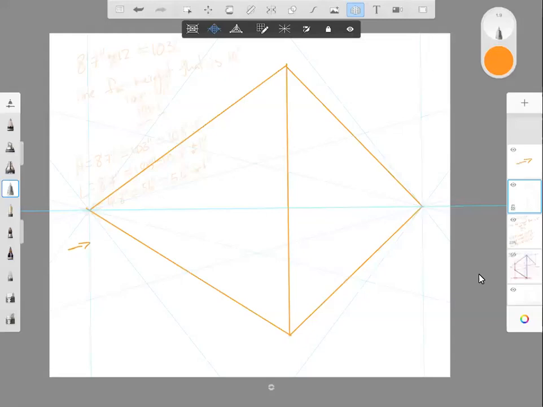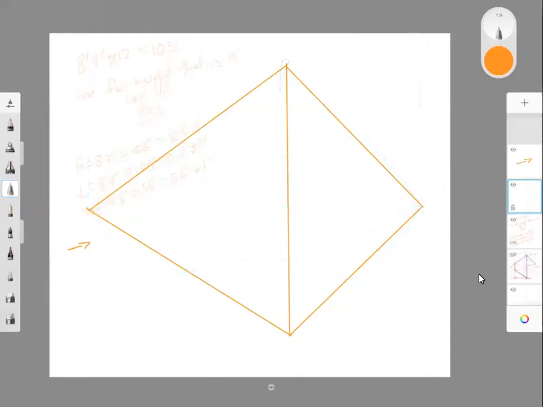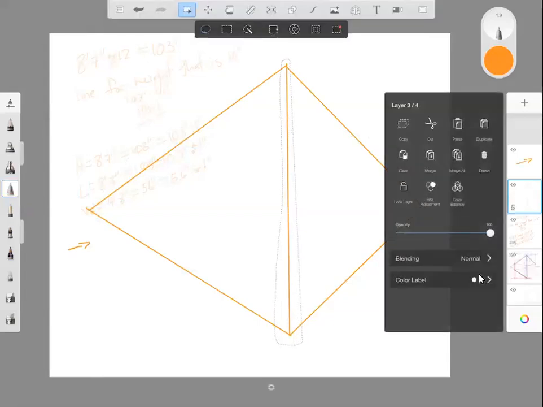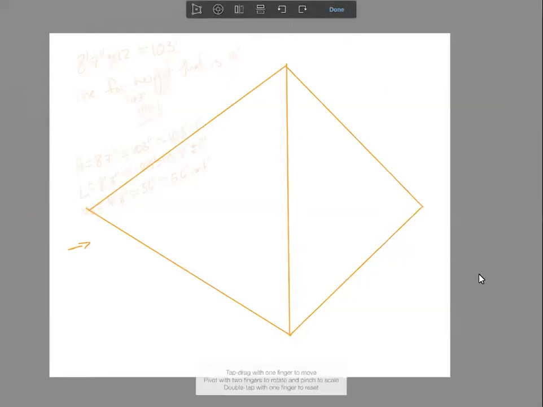So we went here and then we just selected this. We copied it. We pasted it.